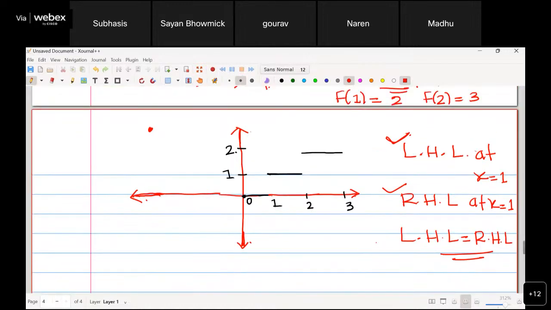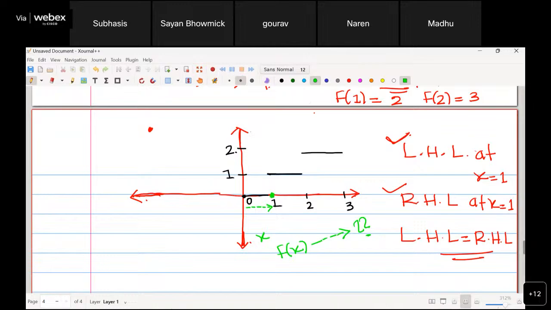Now, for the left hand limit, I need to check, when I'm coming to this point 1 from the left hand side, where the value of the function is approaching.